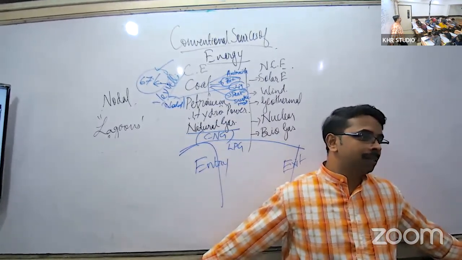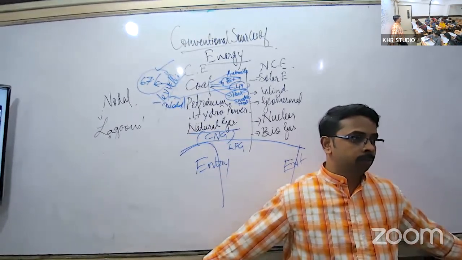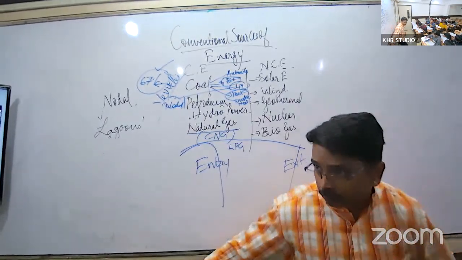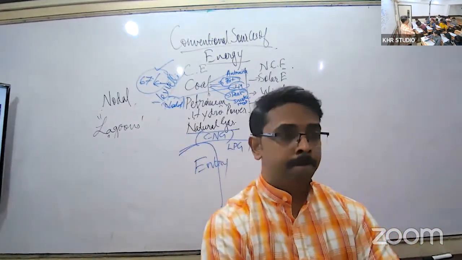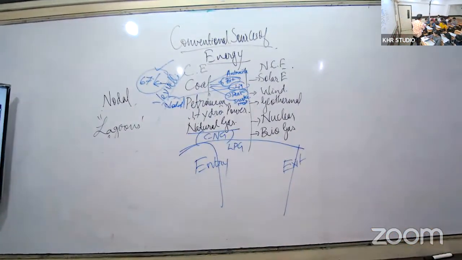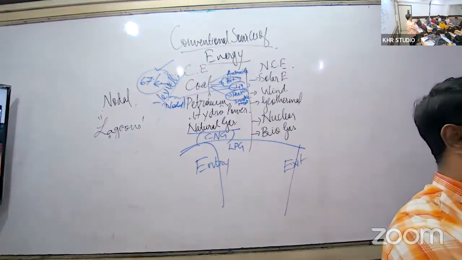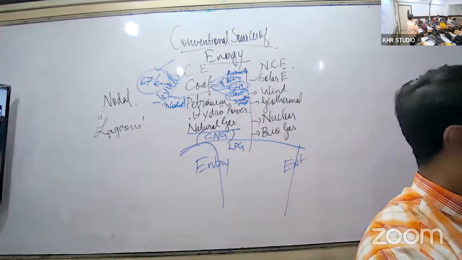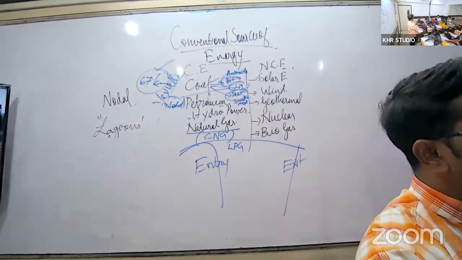Guys, the lecture's freedom has to be used, not misused. Anthracite, bituminous, lignite, and peat: anthracite has 80%. Bituminous is 60 to 80. Lignite has 50 to 60, and peat has below 50.